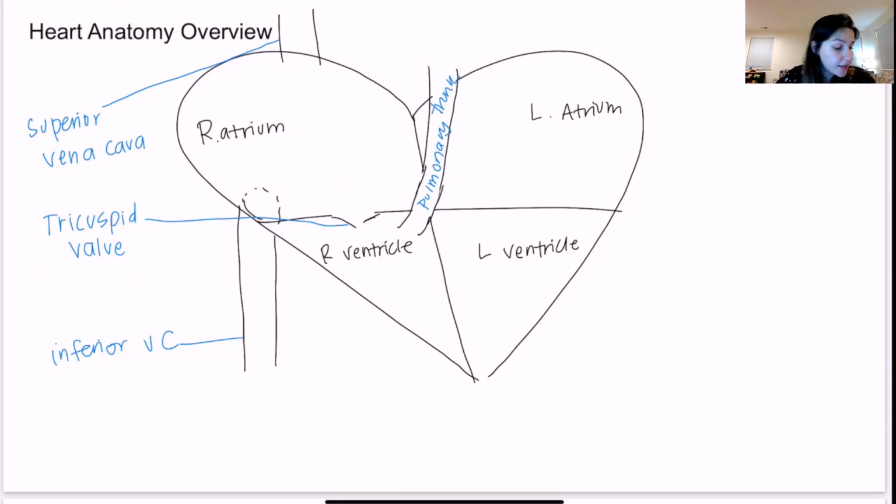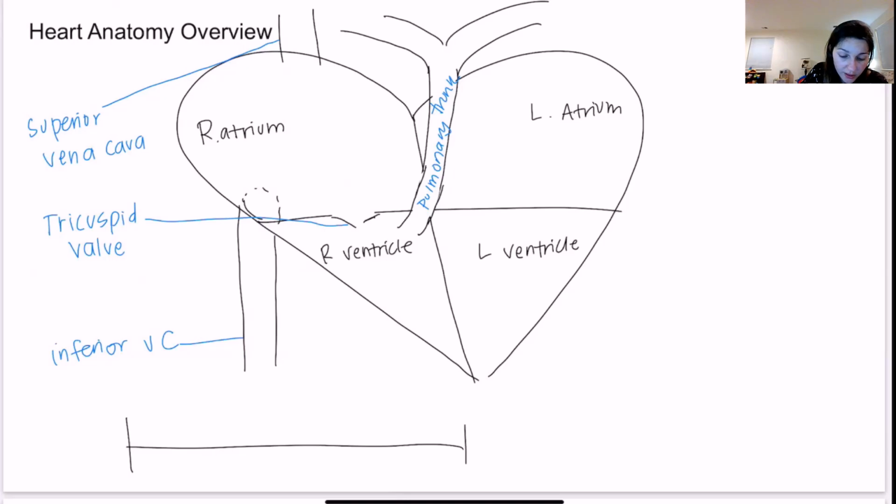And the pulmonary trunk is kind of cool because it branches, boop, and boop. The pulmonary trunk leads to pulmonary circulation because remember, pulmonary circulation is the right side of the heart. So that's great. I should actually label that. This is pulmonary, the pulmonary circuit. And then the left side of the heart is the other one, the systemic circuit.